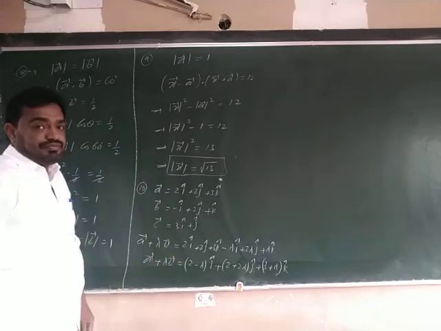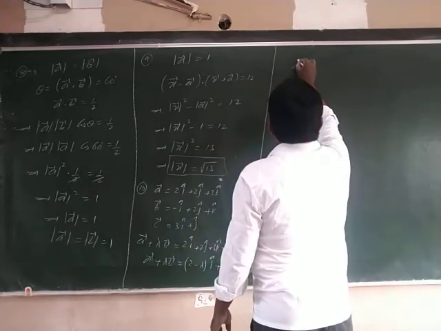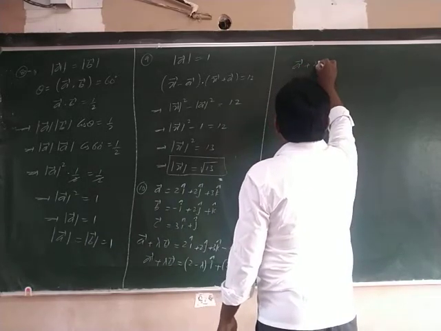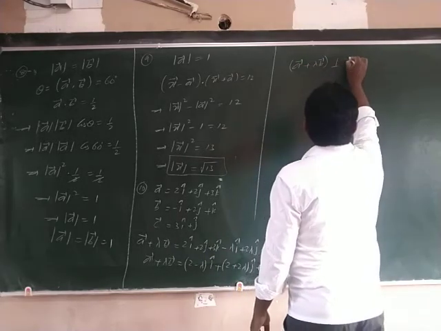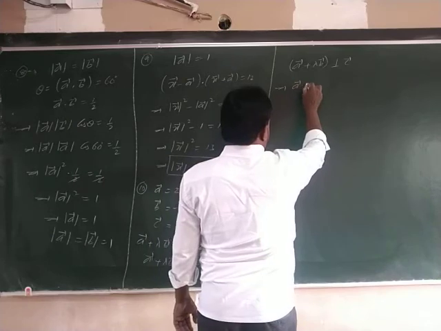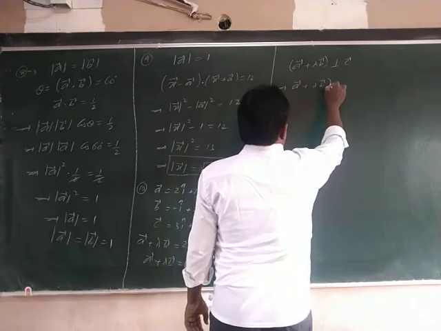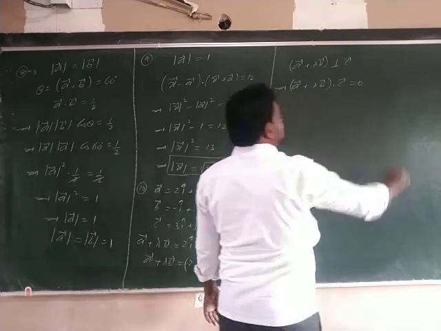Now, what they given in the question? Vector A plus lambda into vector B is perpendicular to vector C, they given. That implies that vector A plus lambda into vector B dot vector C is equal to what? 0.